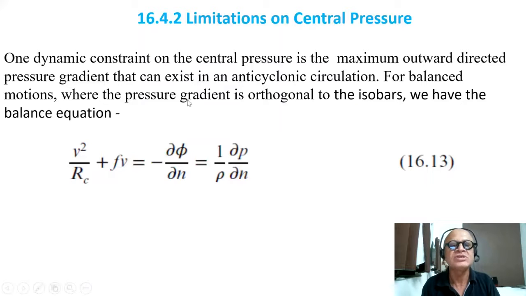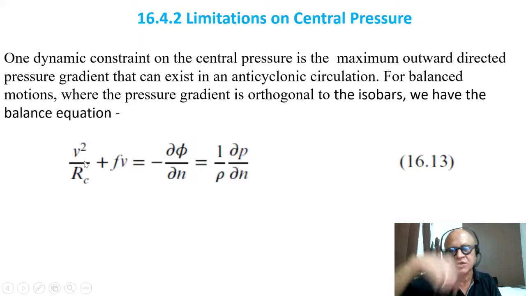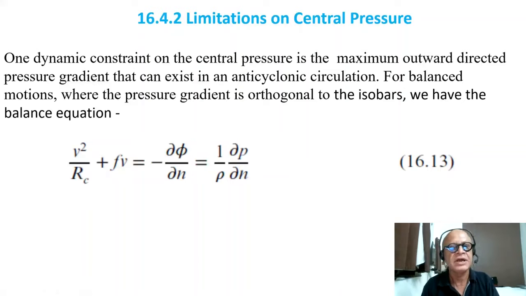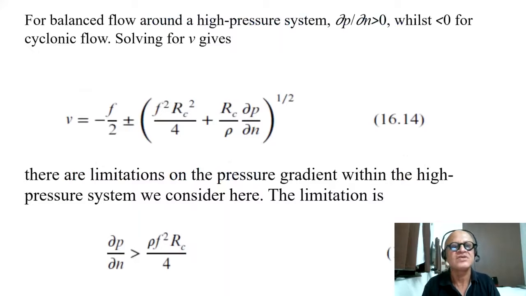For balanced motions where the pressure gradient is orthogonal to isobars, we have the balance equation, a rotational flow around the high pressure: V squared over RC, where RC is the curvature of the pressure surfaces, plus fV, the Coriolis term, equals minus del phi over del n, which is 1 over rho dp/dn. So it's the pressure gradient that's driving the outflow and has to balance the Coriolis and the centrifugal force, right?